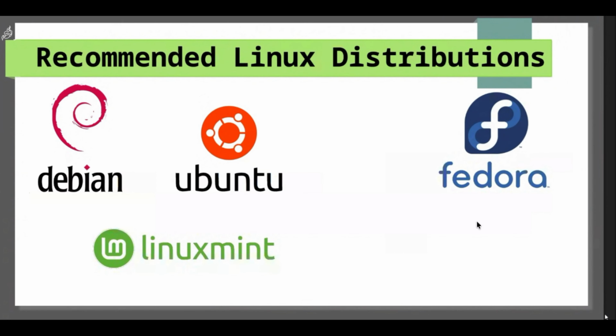These are the ones that I recommend. Debian, it just works. Same with Ubuntu and Linux Mint. Thing is with these though, I put Debian on here 3 times because this is based on Debian and this is based on Ubuntu.